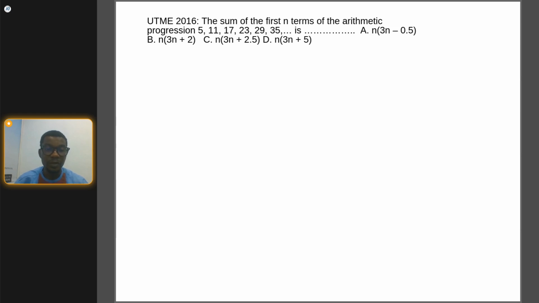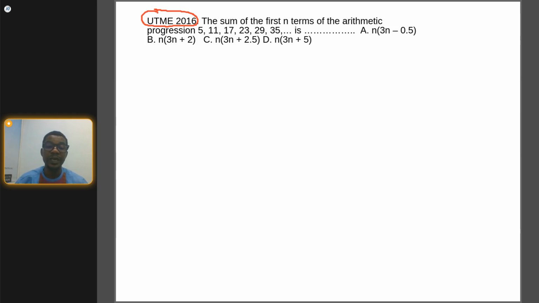We have UTME question 2016. The sum of the first n terms of the arithmetic progression 5, 11, 17, 23, 29, 35 is dash.